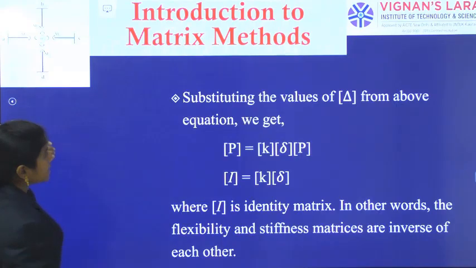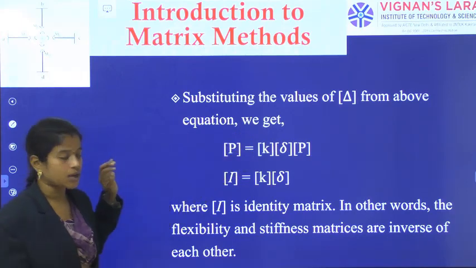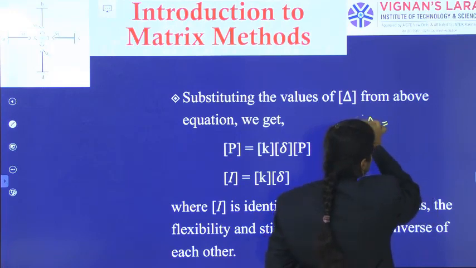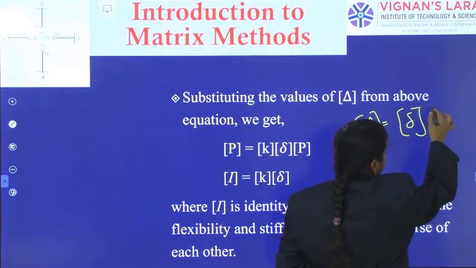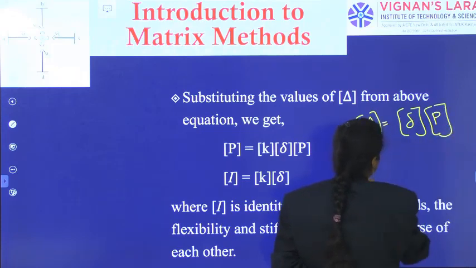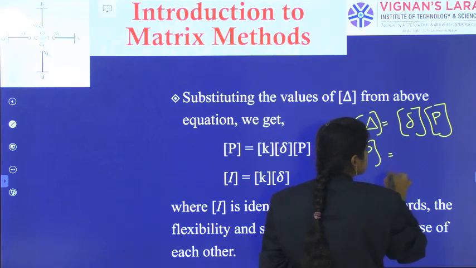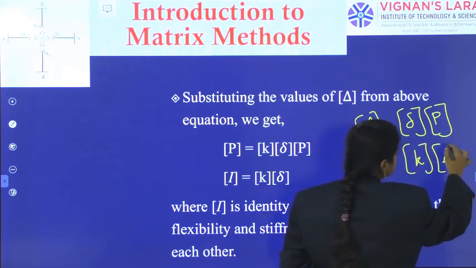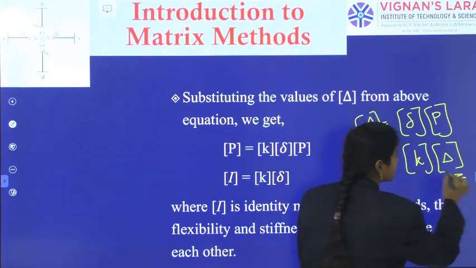Now, what I can say, substituting the value of delta from the above equation. Starting, I have got the total deflection matrix is equal to flexibility matrix into force matrix, and later I have got force matrix is equal to stiffness matrix into deflection matrix, and here this delta I can replace.